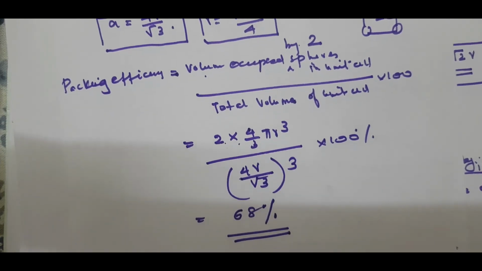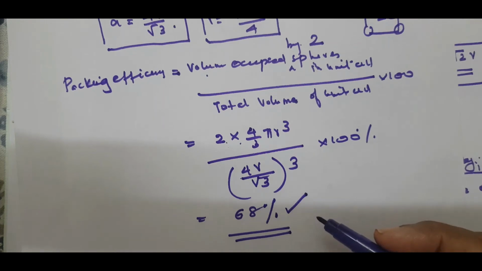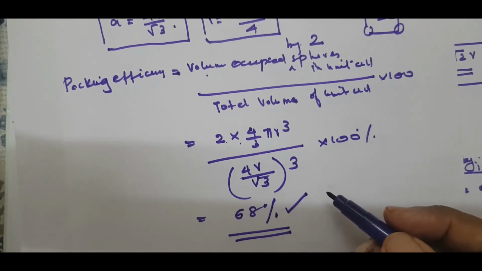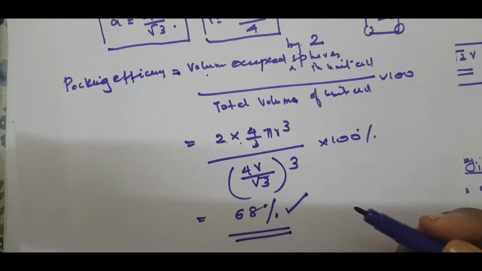See, in CCP or HCP you have got 78 percentage, or 74 percentage to be more precise, but here you will get 68. So it is less. The packing efficiency in a body centered cubic structure is less than that of hexagonal close packing or cubic close packing.